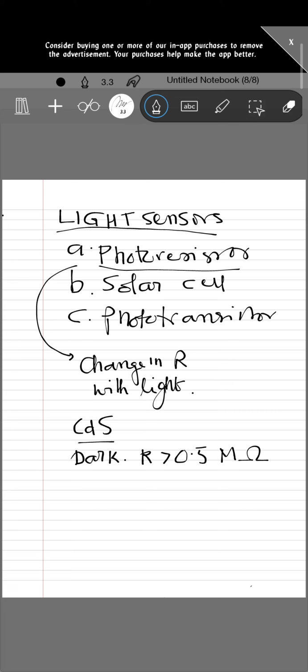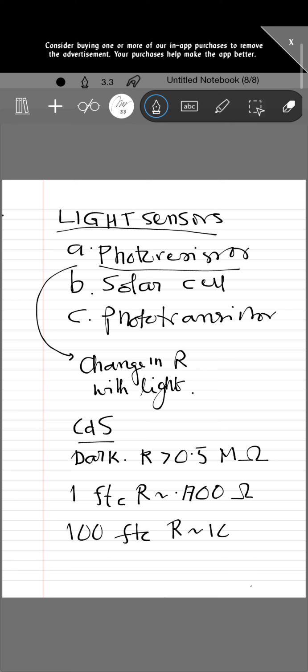However, when 1 foot candle of light is present, the resistance reduces to about 1700 ohms. That's a huge reduction from 0.5 mega ohms to 1700 ohms. And if the intensity is increased to say 100 foot candles, the resistance further decreases to almost 100 ohms.